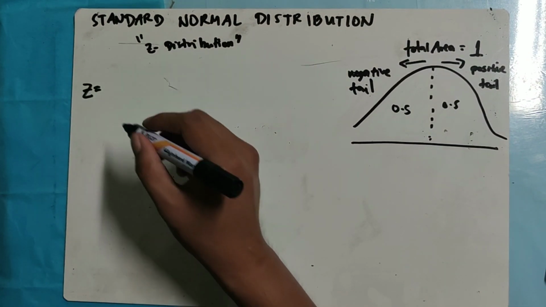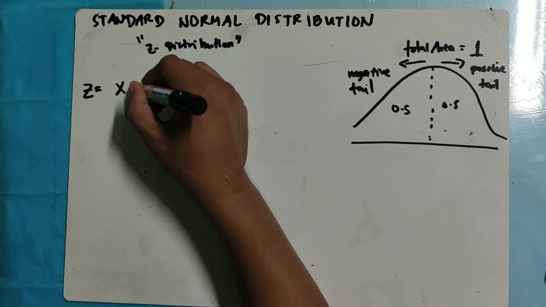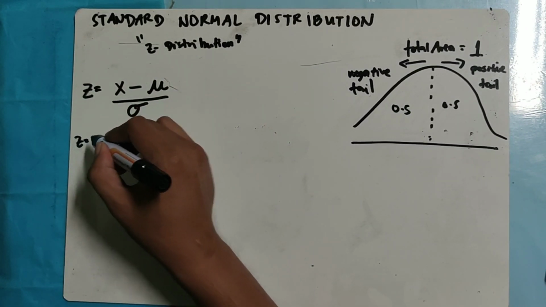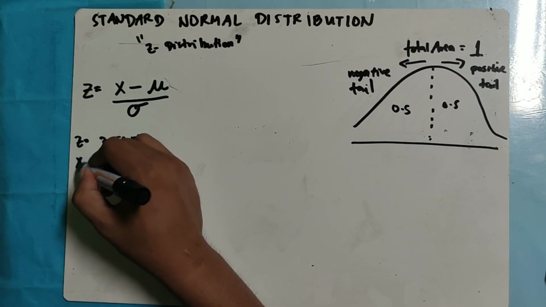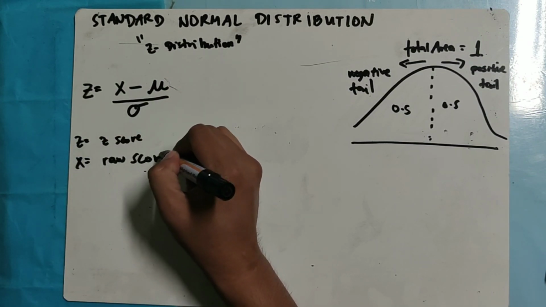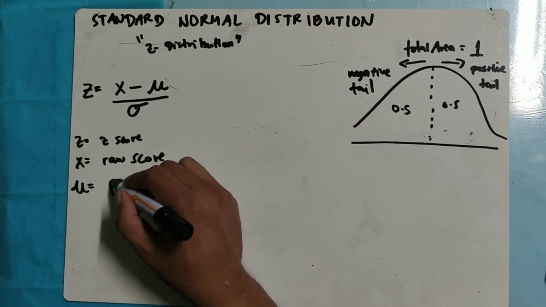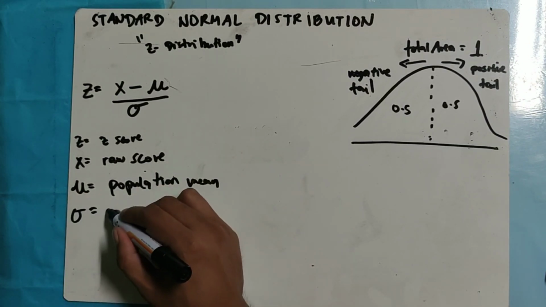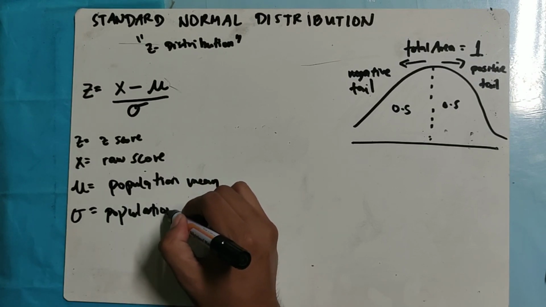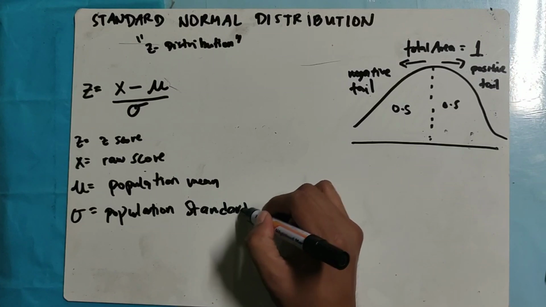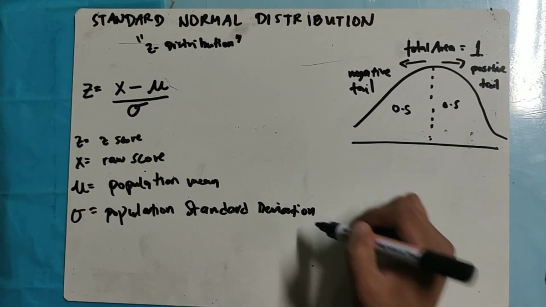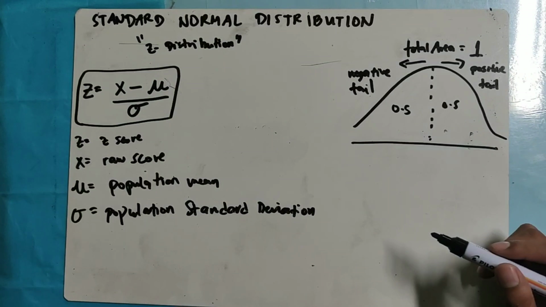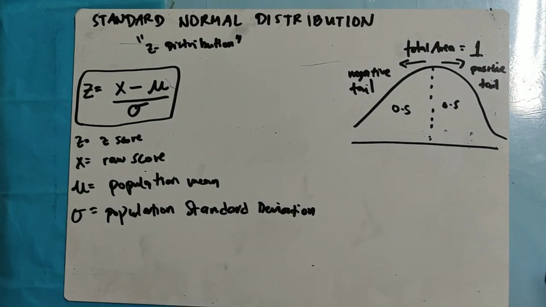The formula in getting the z-score is z equals x minus mu all over sigma, in which z is what we call the z-score, x is the raw score, mu is the population mean, and sigma is the population standard deviation.